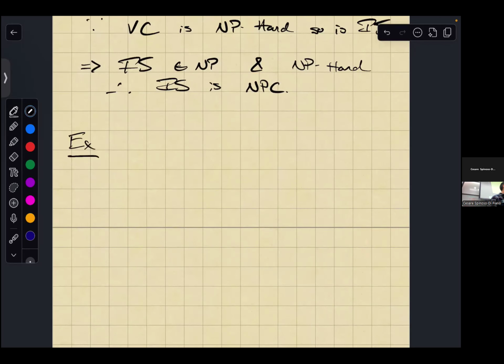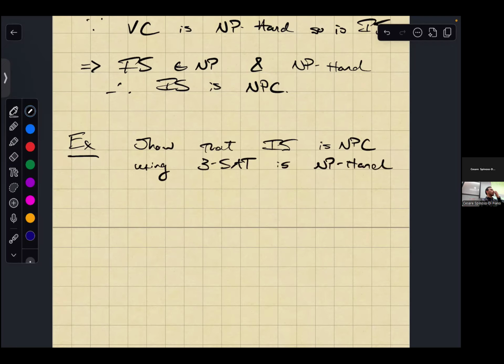This is actually also an exercise in problem set 6, I think question 8, where it tells you to show that independent set is NP complete, but this time using the fact that 3-SAT is NP hard.